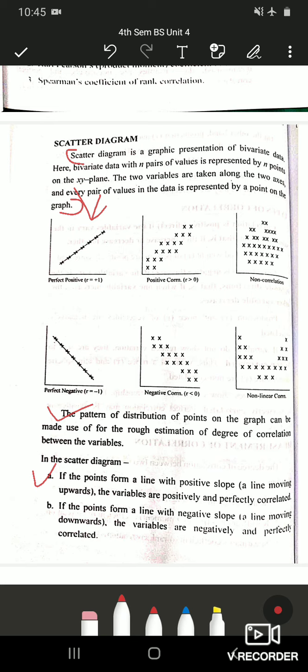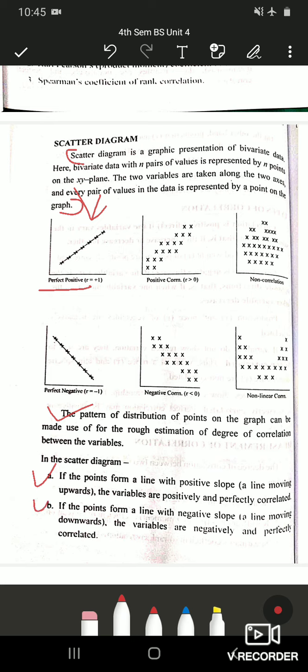So it is a perfect positive correlation. Here r is the notation to denote the degree of correlation. So for perfect positive correlation, r will always be +1. The range of correlation is -1 to +1. We will study that later in the properties, but just remember, for perfect positive, the graph is a line moving upwards.